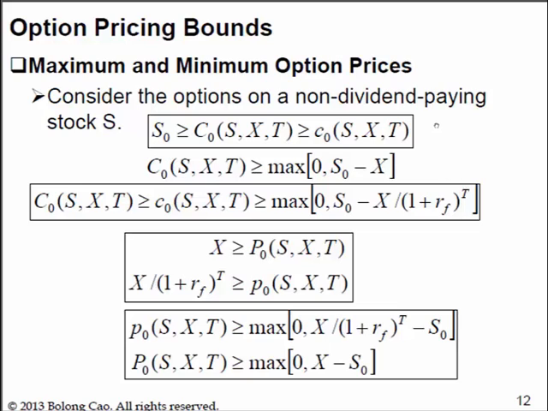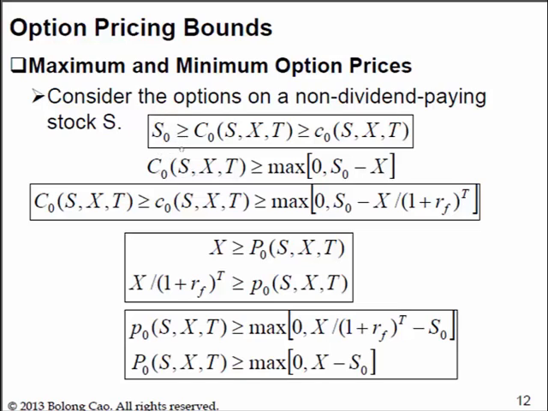Let's look at call again. Consider the options on the non-dividend paying stock S. Just to make things easier. So we know that the American call should be higher than the European call, but both should be below the current spot price for the underlying stock.